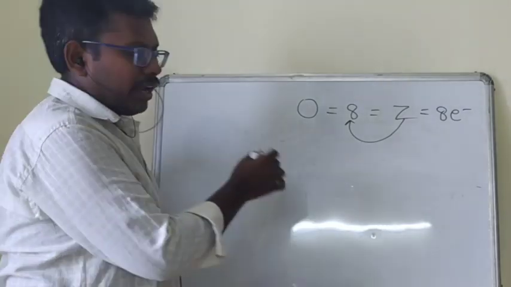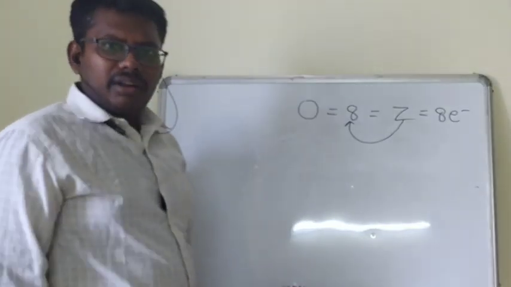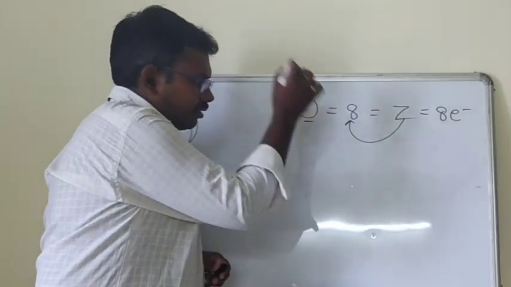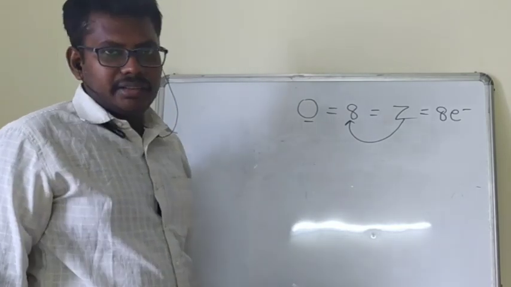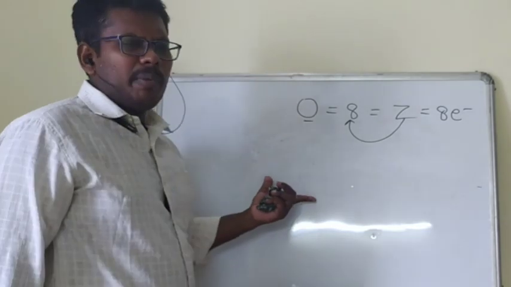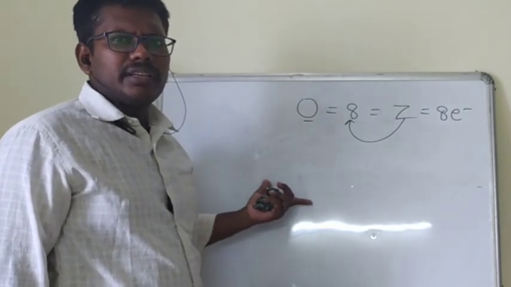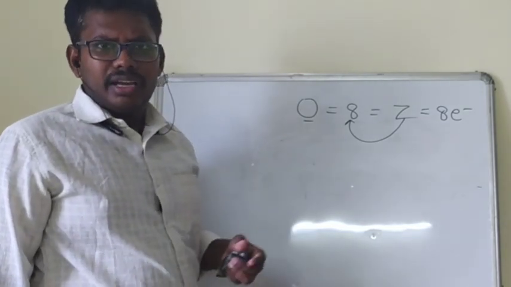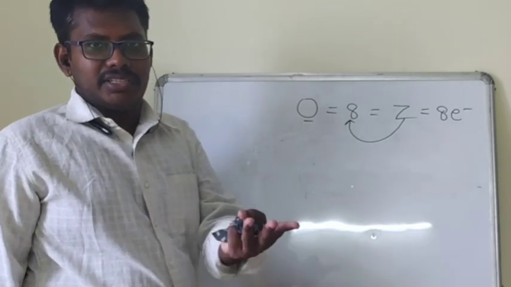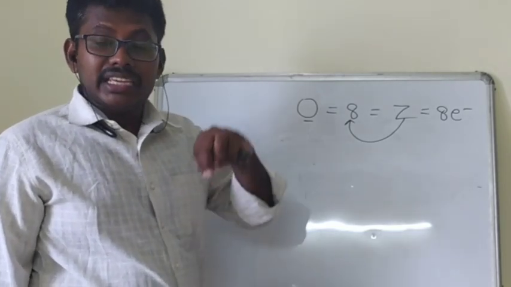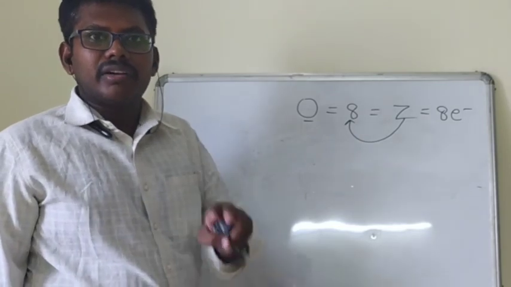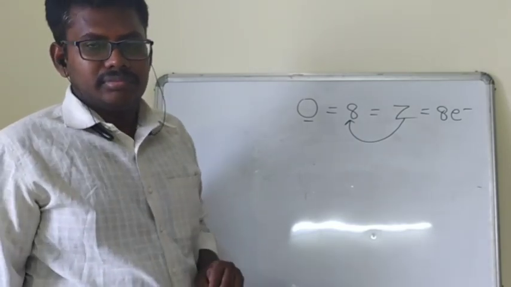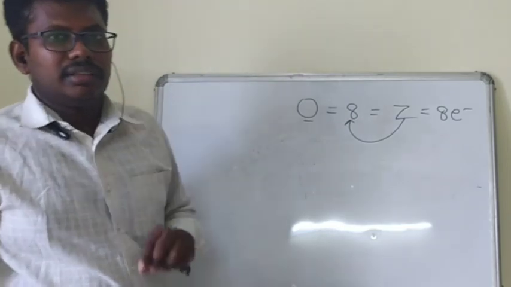Now I want to write the electron configuration of oxygen. Oxygen atomic number is 8. Now coming to the definition of electronic configuration: the distribution of electrons in the various orbits of an atom is called electronic configuration. Orbit means what?